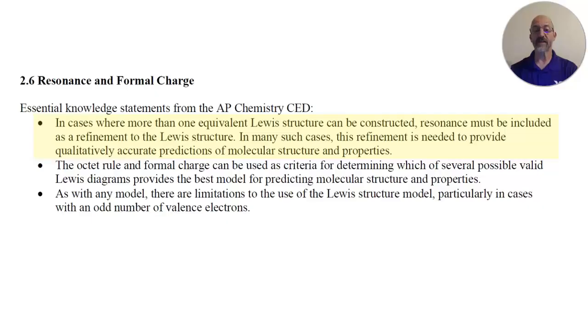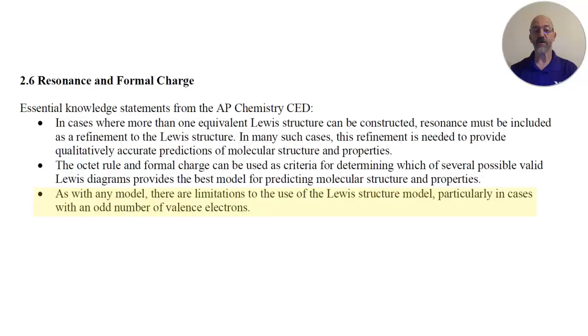In many such cases, this refinement is needed to provide qualitatively accurate predictions of molecular structure and properties. The octet rule and formal charge can be used as criteria for determining which of several possible valid Lewis diagrams provides the best model for predicting molecular structure and properties.